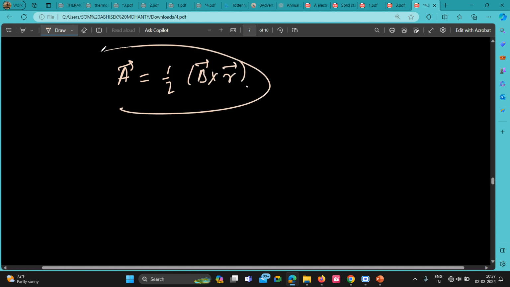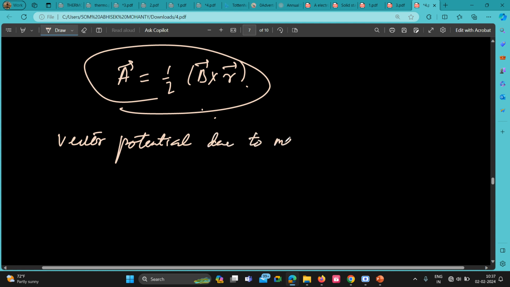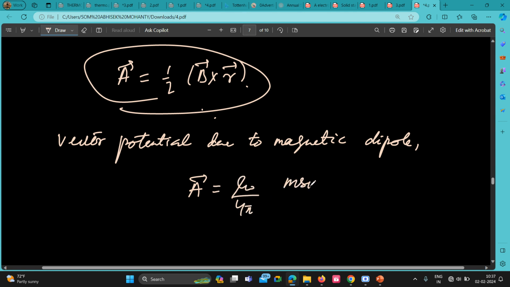So if B is given and you are asked what is A. Vector potential due to a magnetic dipole will be A is equal to mu naught by 4 pi, m sin theta by r squared, phi cap.